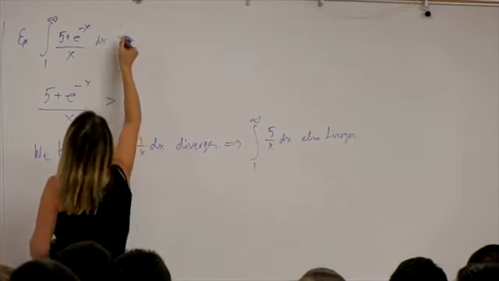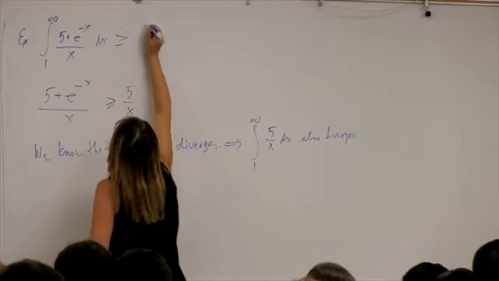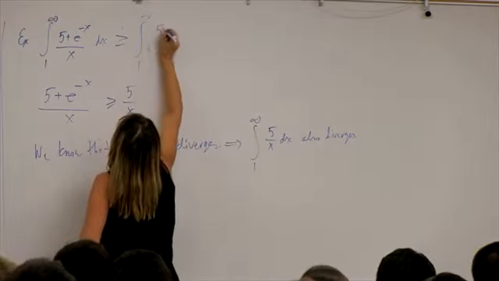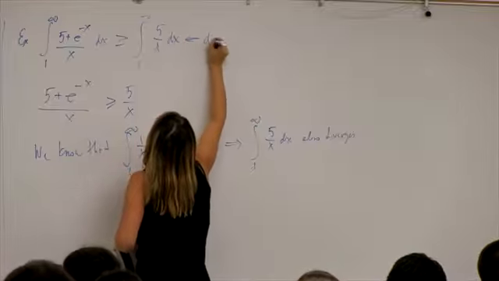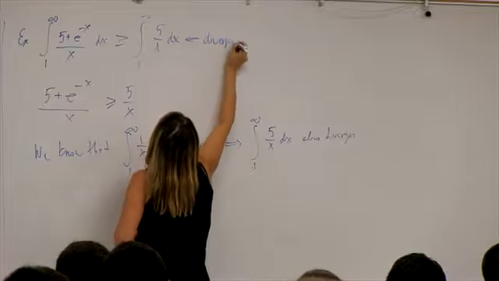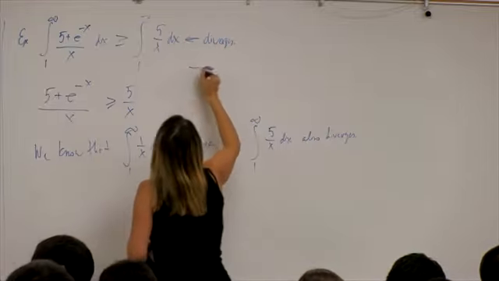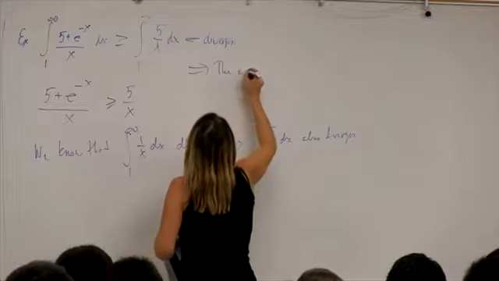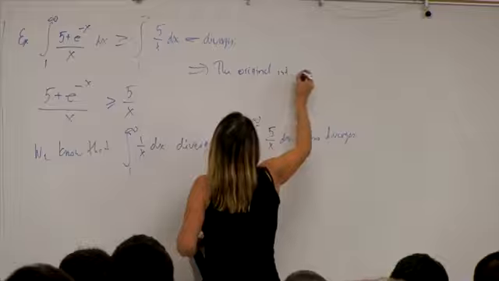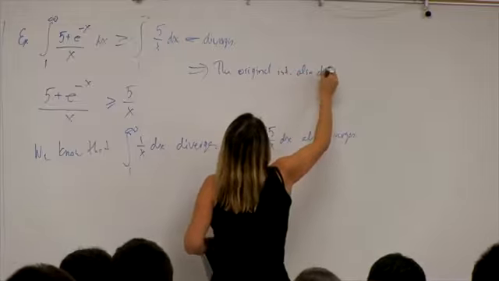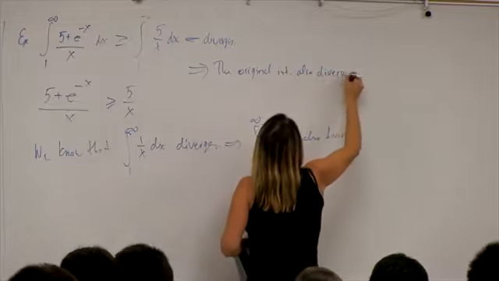And this one is even bigger, right? So we can say that this is bigger than the integral of 5 over x dx. So this guy diverges. So we can conclude that the original integral also diverges.